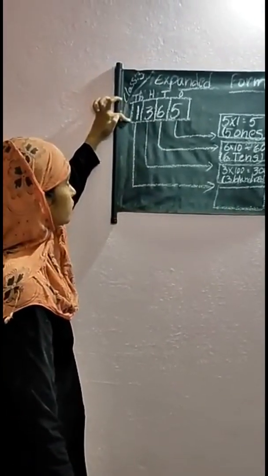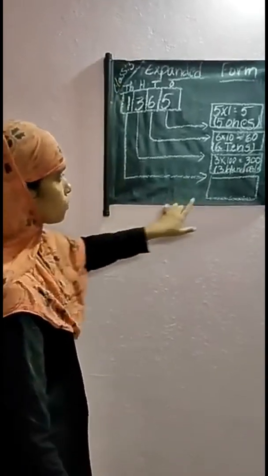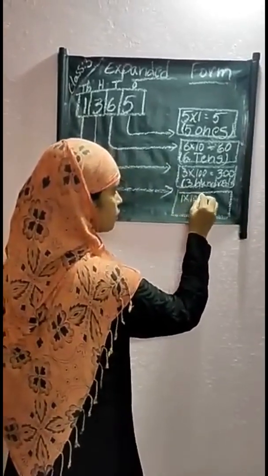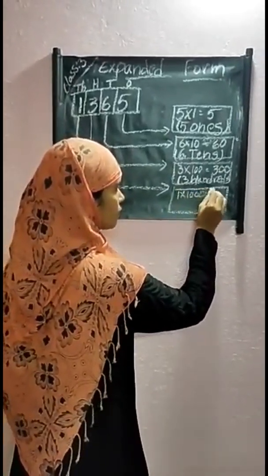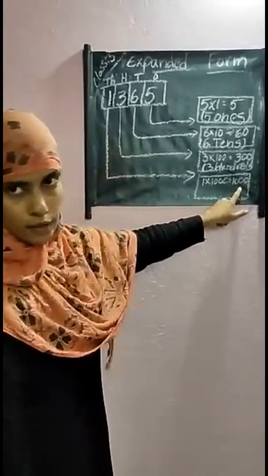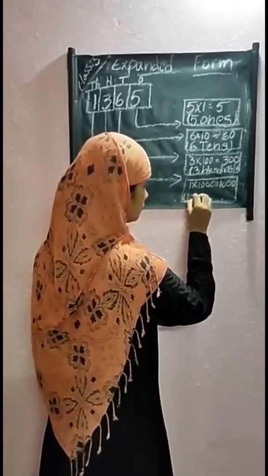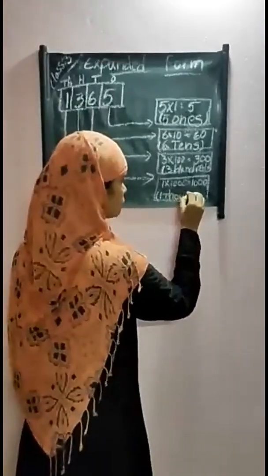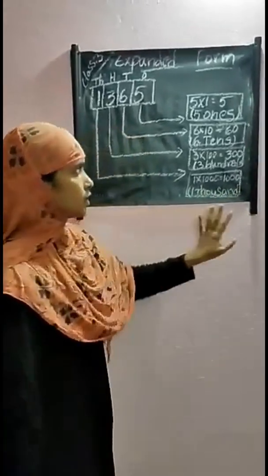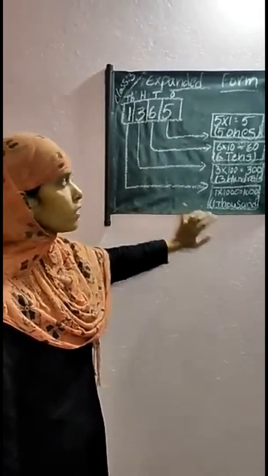What number is given here? 1. 1 is in thousands place. So 1 into 1000, that is 1000. We can write 1000. In this way, we have to fill the boxes, children.